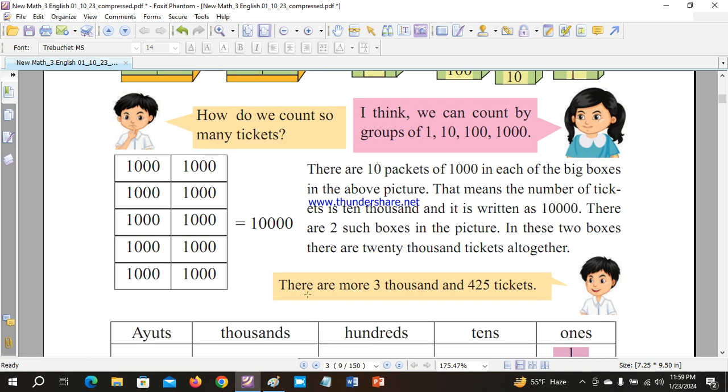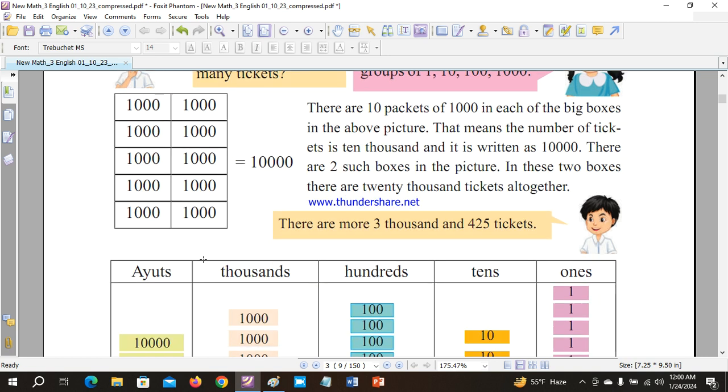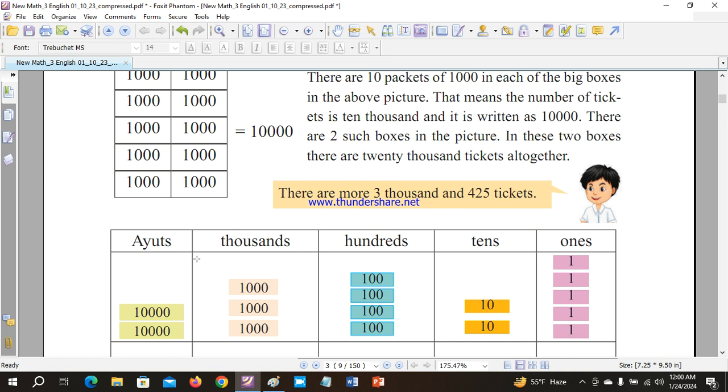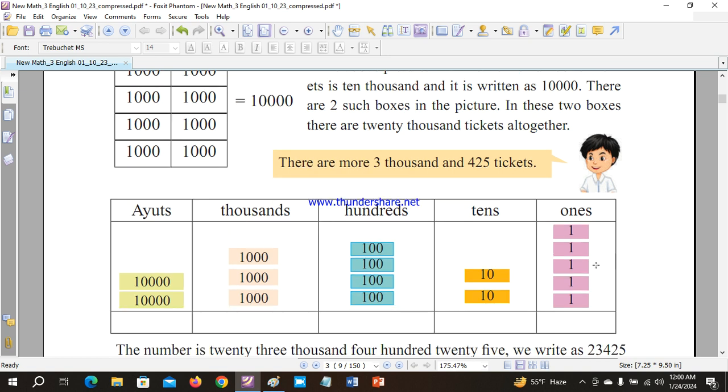Here Rafi says there are 3,425 more tickets. So look very carefully. This is the place of ones, this is the place of tens, this is the place of hundreds, this is the place of thousands, and this is the place of Ojut. Ojut is the new place.